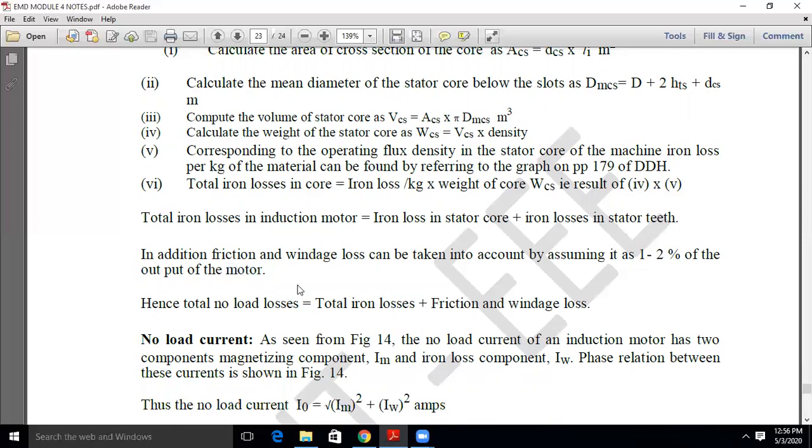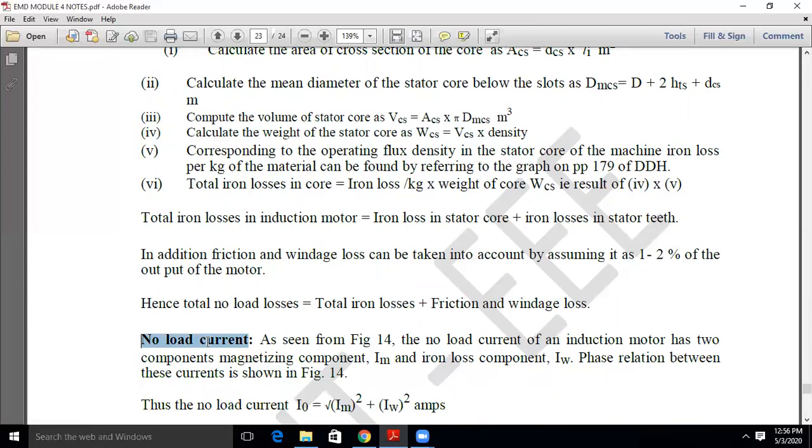Let us say 2 kilowatt is the output of the motor, so then we take 1 to 2% of that 2 kilowatt, that is around 10 to 20. Hence, total no load losses are the total iron loss plus friction and windage losses. This is about the no load losses.